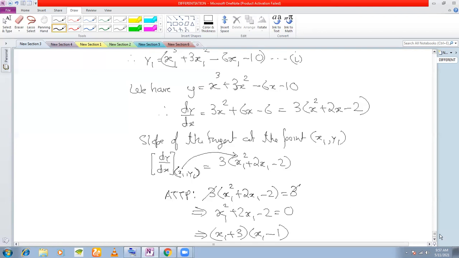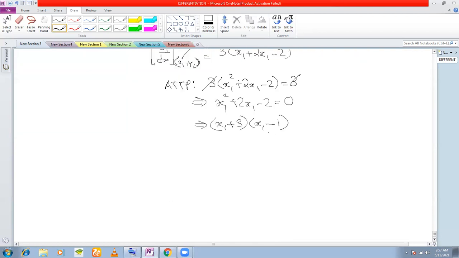Okay, fine. In the question maybe there is a small error, but this is the way you do it. X1 plus 3 into x1 minus 1 is equal to 0. So we get x1 is equal to minus 3 or 1.